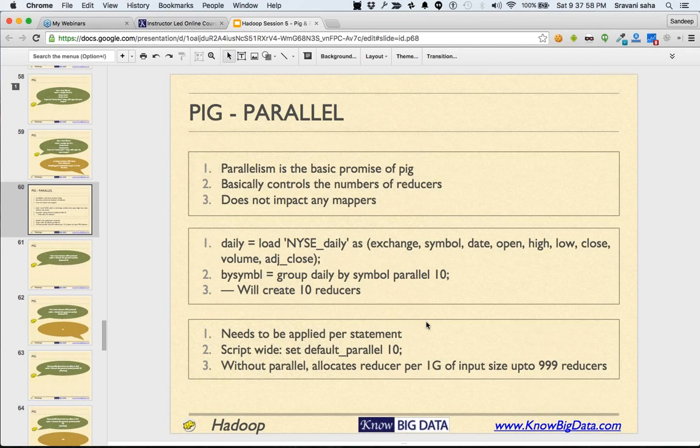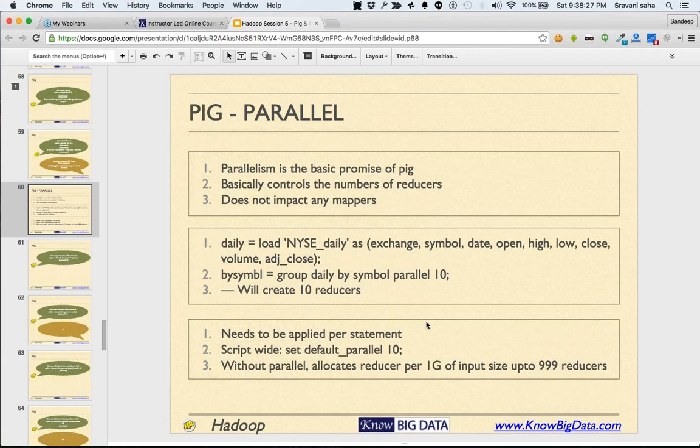Now, when you are saying daily equals LOAD this file AS these columns, and we are saying GROUP daily BY symbol PARALLEL 10, which means this grouping will be run via 10 reducers. There'll be 10 reducer tasks applied.